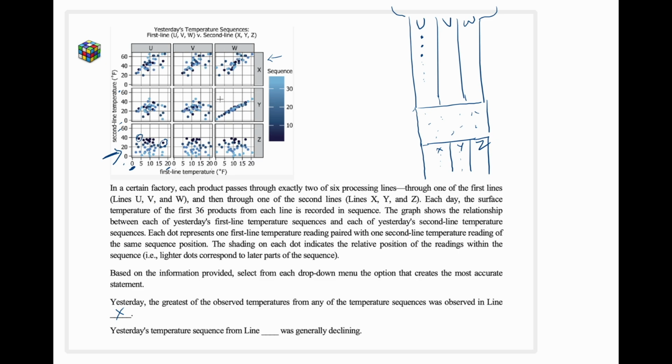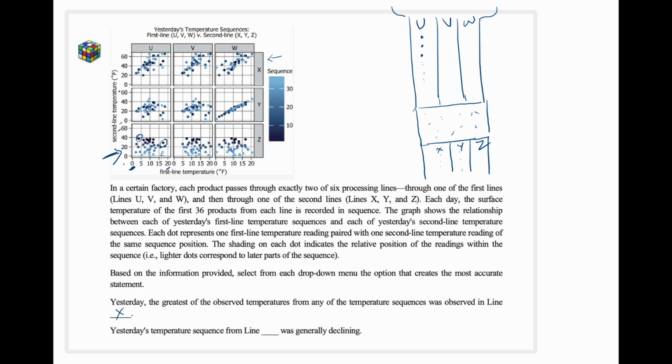The dark dots and the lighter dots are all intermixed in these graphs. But look at these three. We have the darker dots, that is the first few products of the sequence at higher temperatures, about 40 and 30 in these.